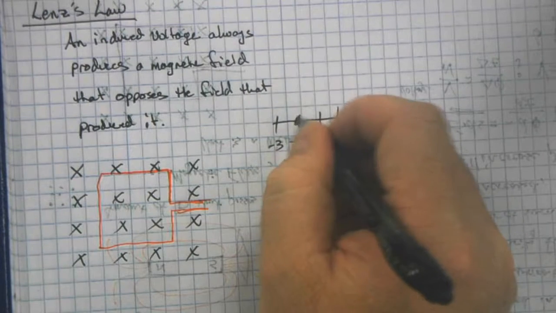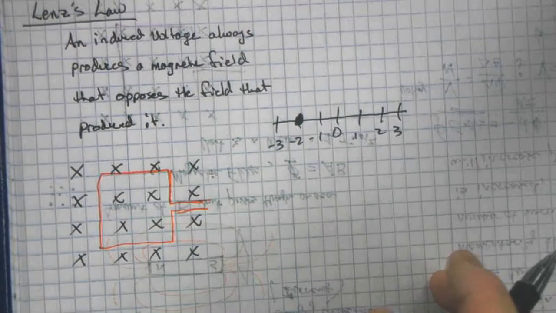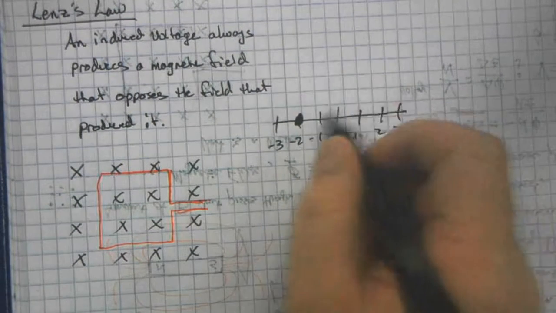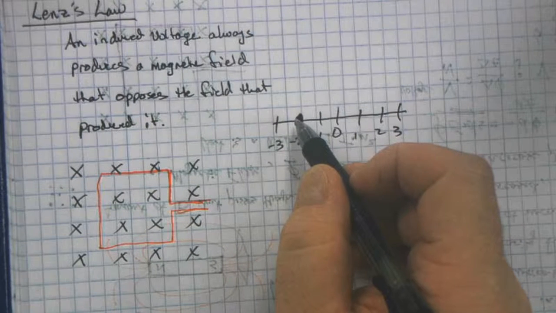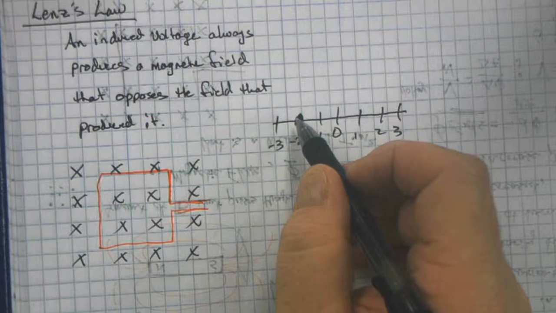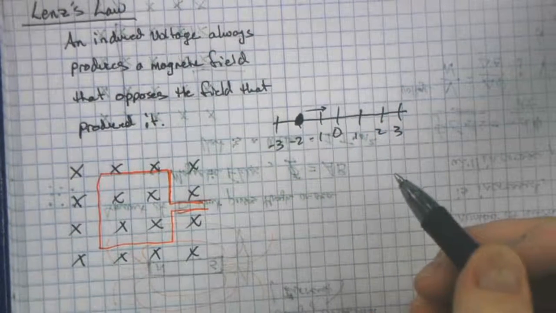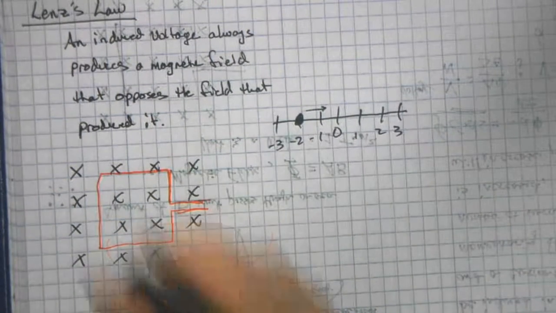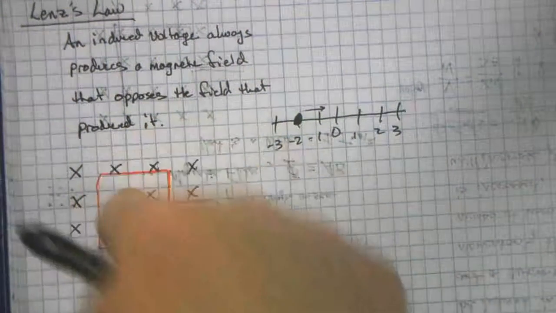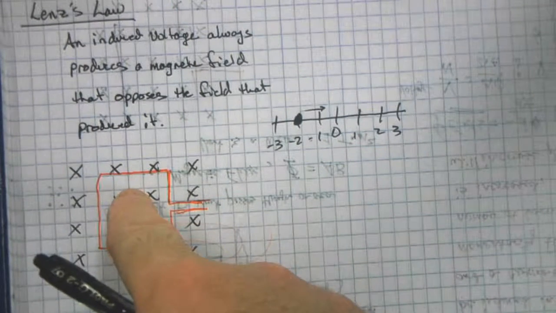If we're starting over here, if our field is actually in the negative direction, but we decrease the amount of field going through it, it's really moving closer to zero, right? Same thing here. If this is going away from us, but we decrease the field, the change is really in the up direction. Yeah?